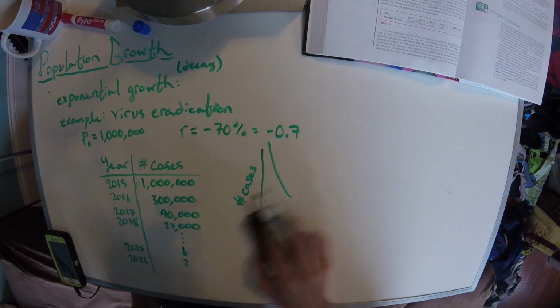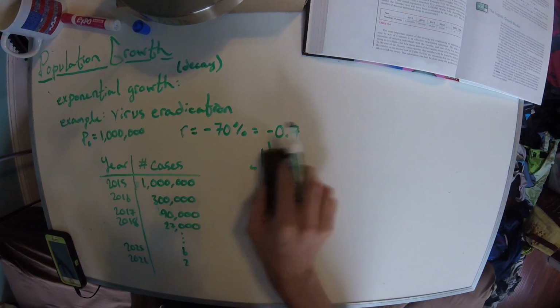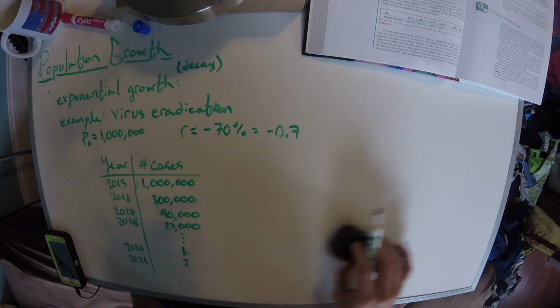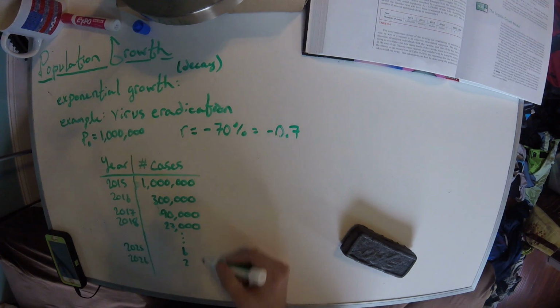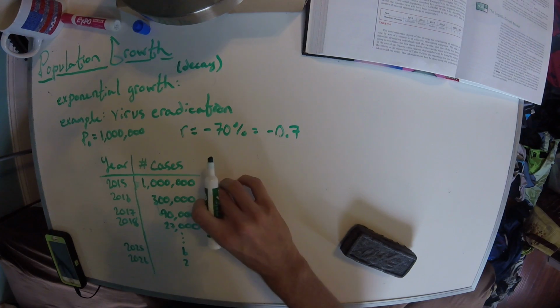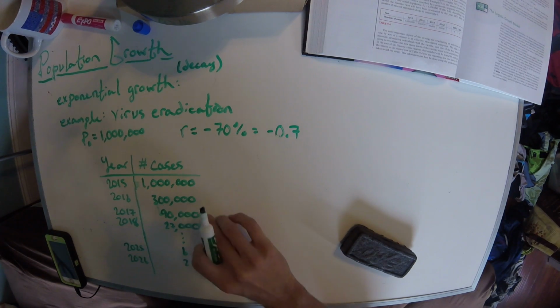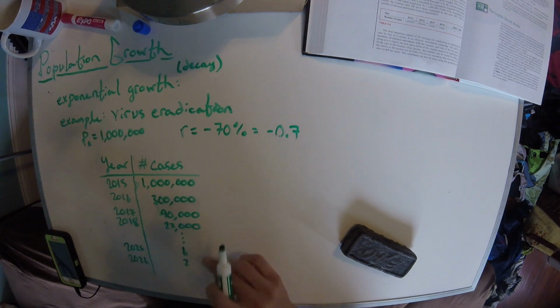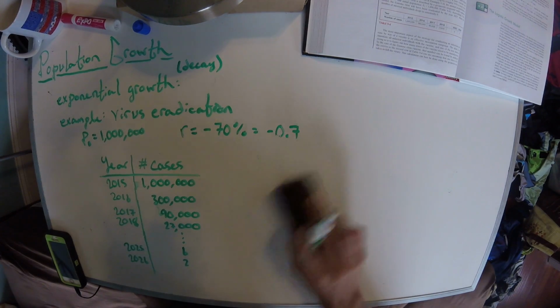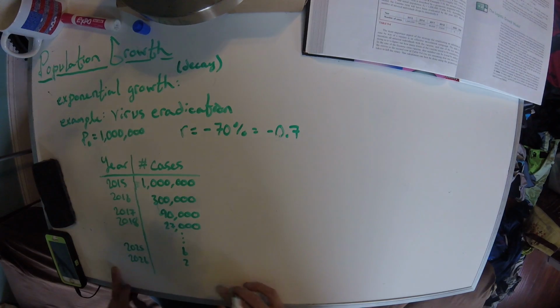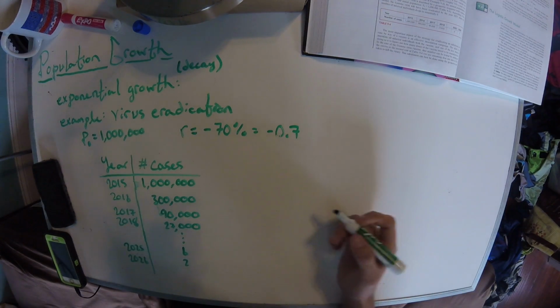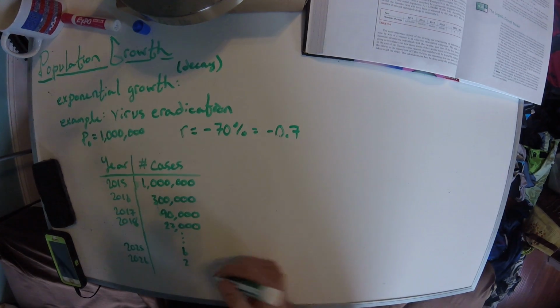Then the number of vaccines we would need over these 11 years is the sum of all these numbers, because every year we would need 1 vaccine for every person who has the disease that year. That brings us to the sum formula for this type of model.